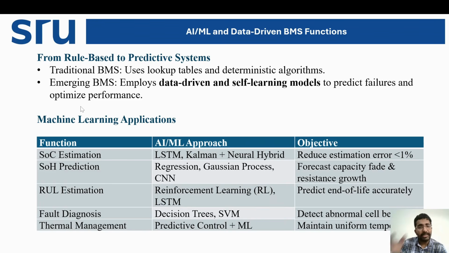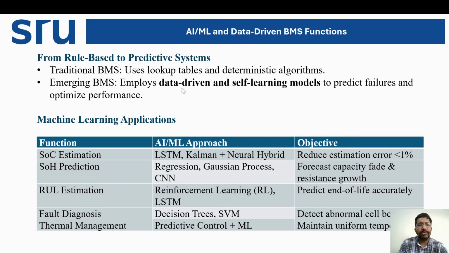So what happens in the traditional BMS system: it uses lookup tables and deterministic algorithms, simple step by step sequential rules will be written down, and based upon those rules only some decision will be taken. There won't be any adaptability. So emerging BMS systems employ data driven and self learning models to predict failures and optimize the performance.